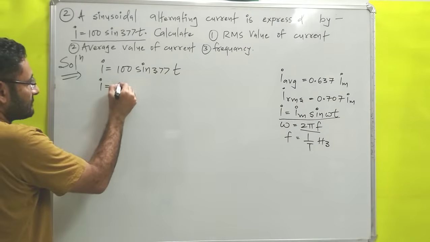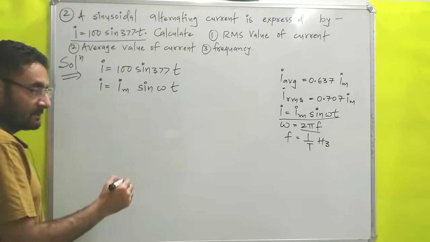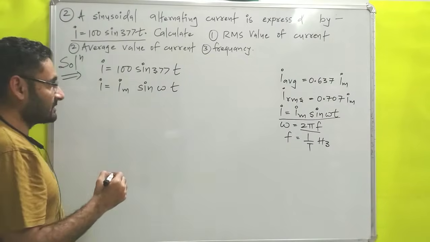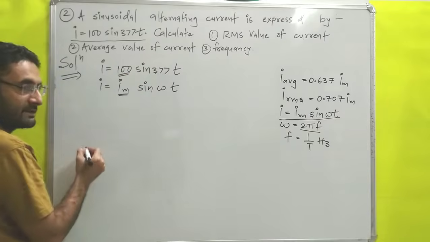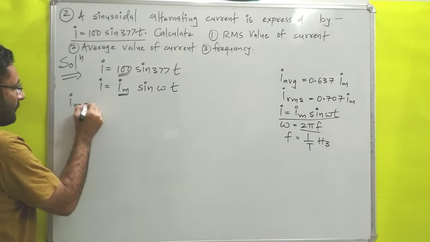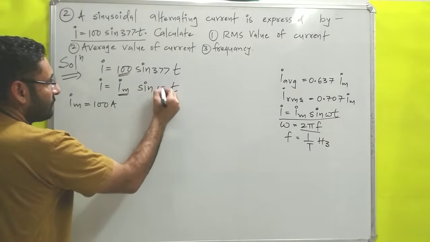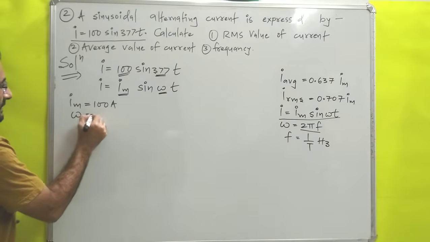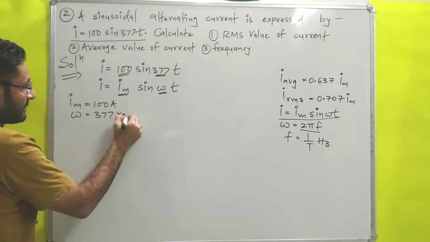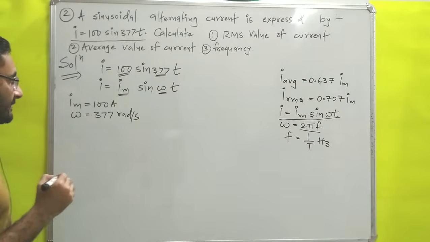If we compare both of these equations, the value of Im is 100 ampere. Next, the value of omega is 377 radian per second. Now we'll calculate one by one.